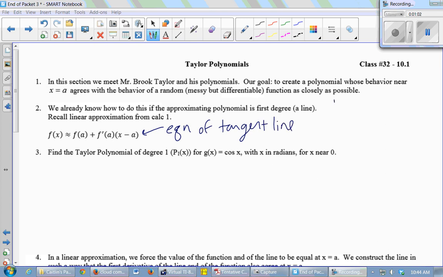When you had a random function, curvy and messy, we could say, well, at some particular x value, maybe we'll say it's a in this case, we could approximate that function near a with a tangent line. And you can see that when you're near a, the tangent line is very close to the curve, and it's a good approximation. All right. So we'll do a quick review on how we find a linear approximation, and then we're going to expand on it.